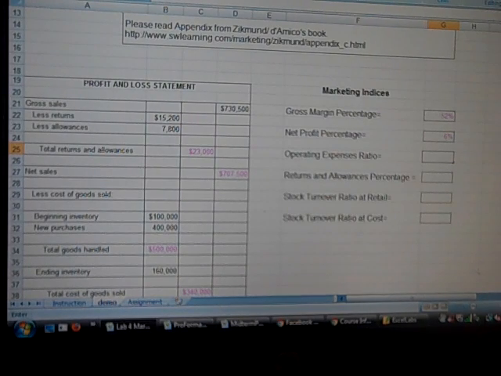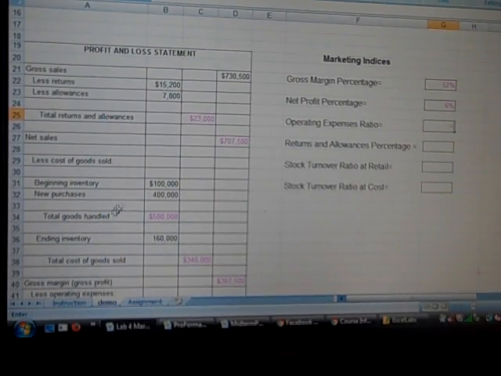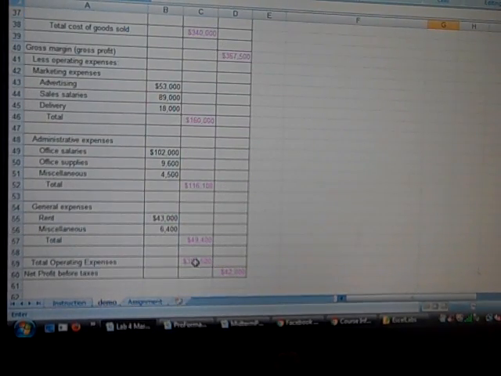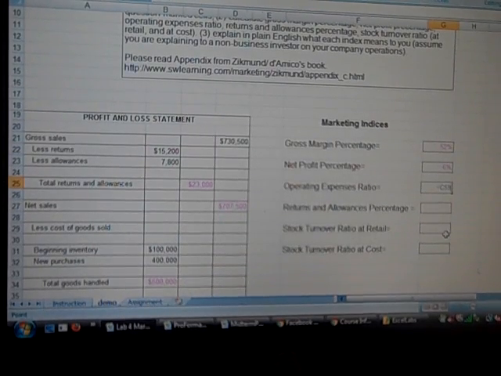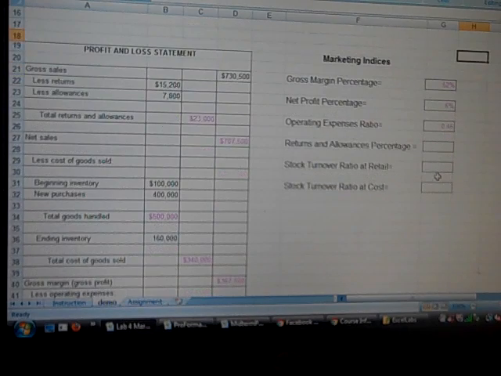And then to find your operating expense ratio, you just go to your total operating expenses, so that's back over here, and then you divide by your net sales as well. Okay, and then I want to change the format of this. Since it says ratio, you can keep it at just the 0.46. You don't really have to do the percentage, but it's just whatever you feel most comfortable with.